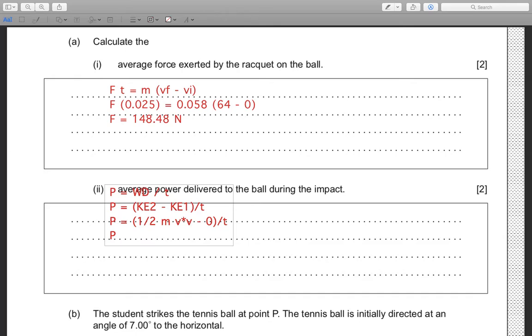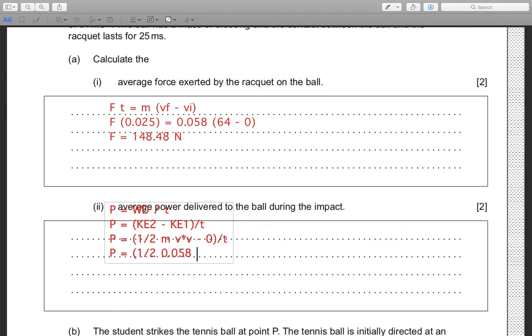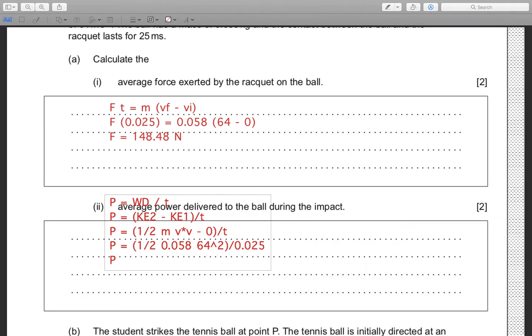So we get P equals a half of mass, 0.058, and velocity 64 squared, divided by time. Time is 0.025.